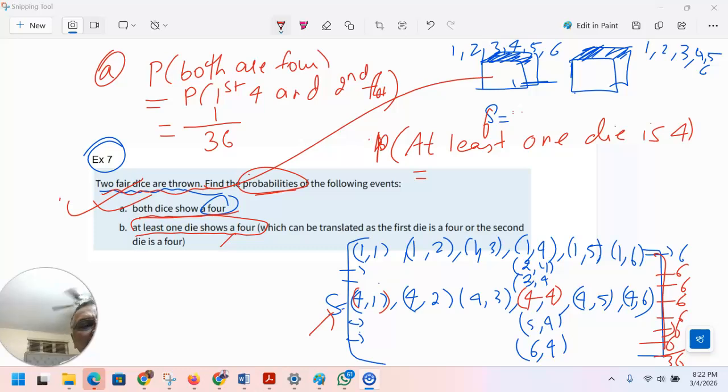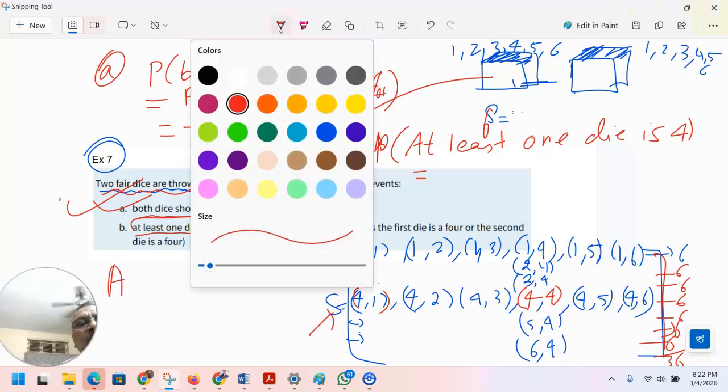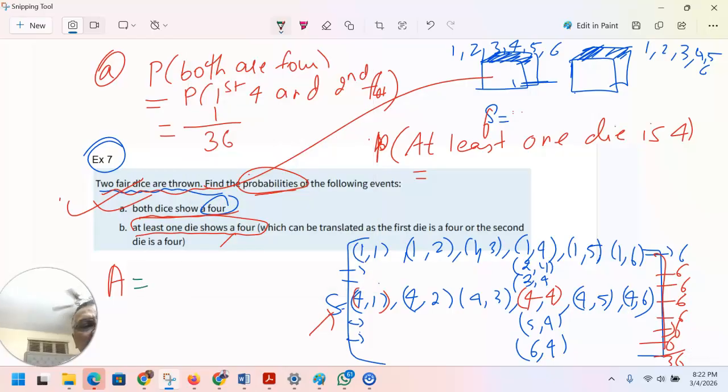Let's call A the event that the first is 4, that means the first one showing up over here, and B the event that the second one is 4. Okay.